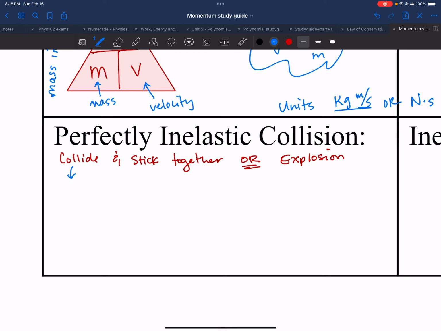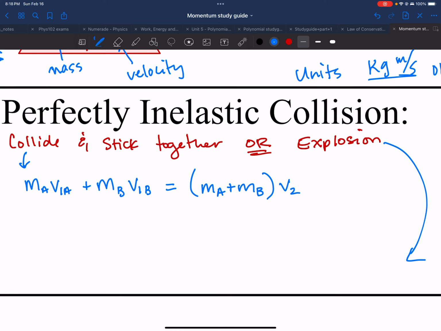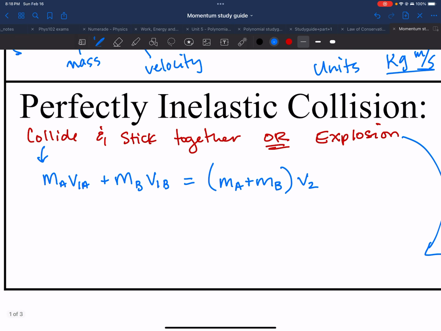We'll do the first one here and the second one down here. If they're colliding and sticking together, you have object A times its initial velocity plus object B times its initial velocity, and they collide together. So both masses end up joining and you have a final velocity. That would be your equation for a perfectly inelastic collision.